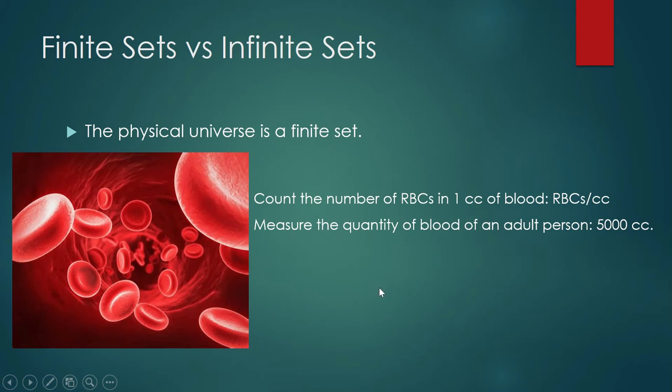So doing the math, if B is the set of red blood cells, the cardinal number of B, the number of elements in set B, will be given by a multiplication: the number of RBCs per cubic centimeter times 5,000 cc gives you the estimated number of red blood cells in your blood. So that is how we count it. In math, we call this counting. In science, we call this measuring.